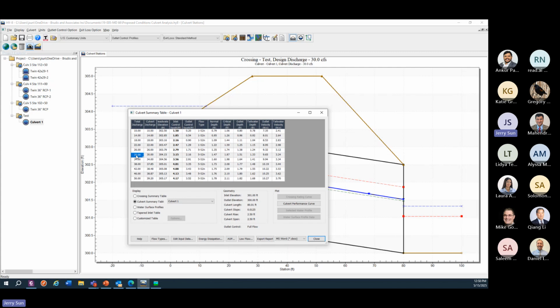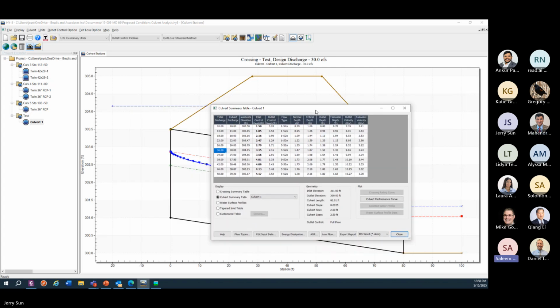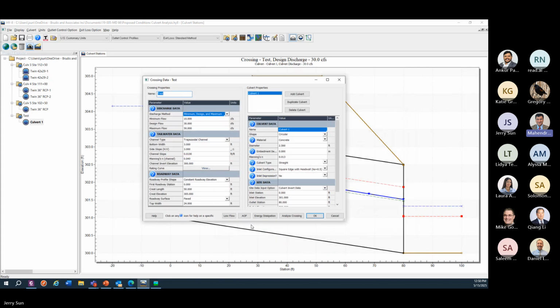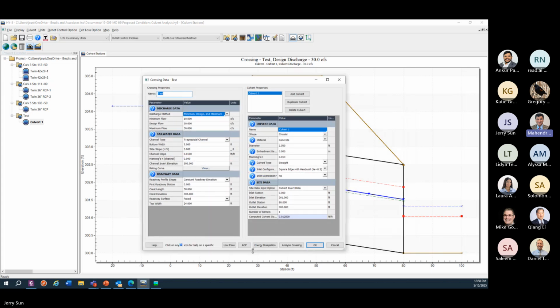You mean the outlet water? Yeah, the tailwater. Go to the input data screen, please. What is the best way to consider the tailwater? Because tailwater is a huge factor in this analysis.